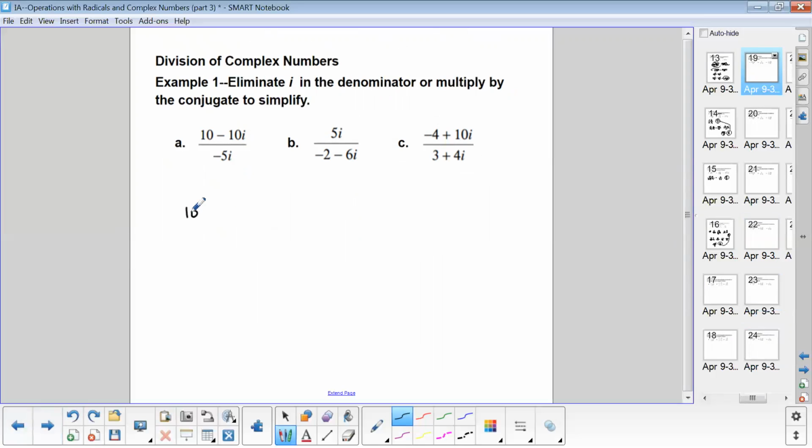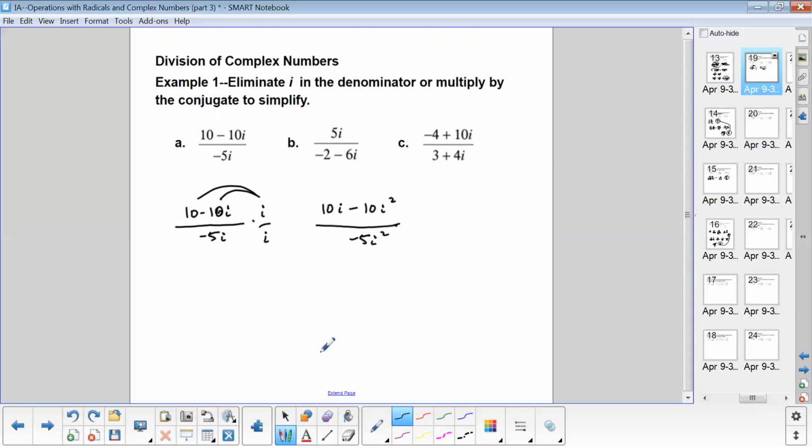So on part A, I've got 10 minus 10I divided by negative 5I. Well, I'm just going to multiply by I to both of these. So I'm going to get 10I minus 10I squared divided by negative 5I squared.